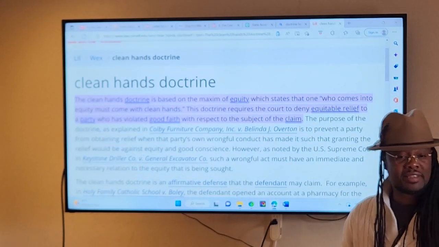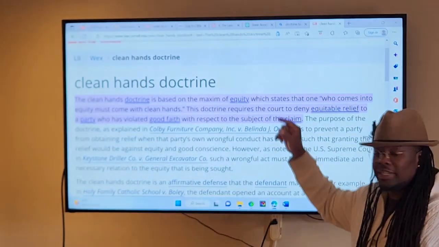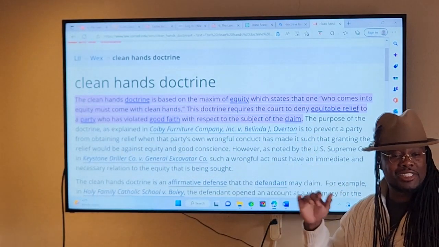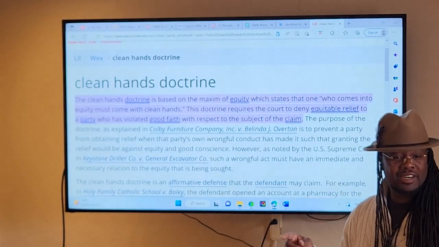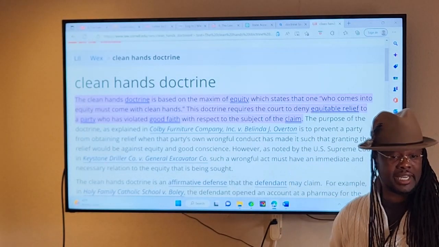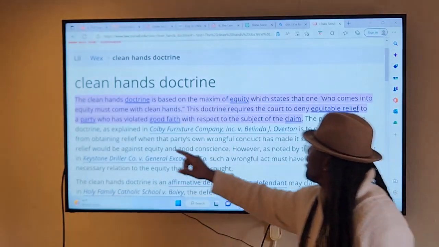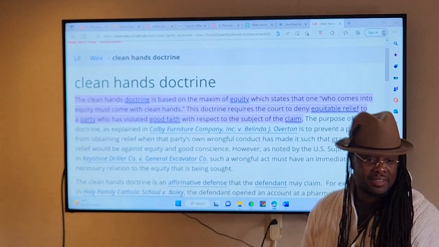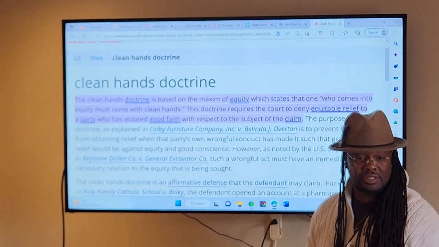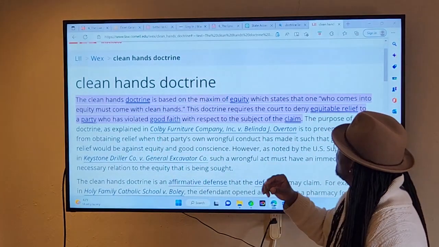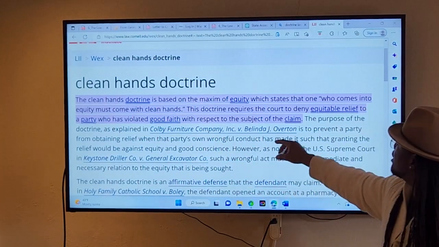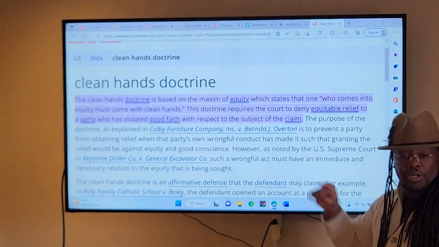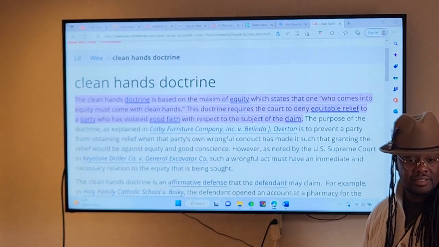And in good faith, we said that we would accede to all the treaties, declarations, and conventions, right? As an addendum to our state constitution. Right. So if we violated the good faith of that contract, of our application, with respect to the subject of the claim, which is the return of our estate.